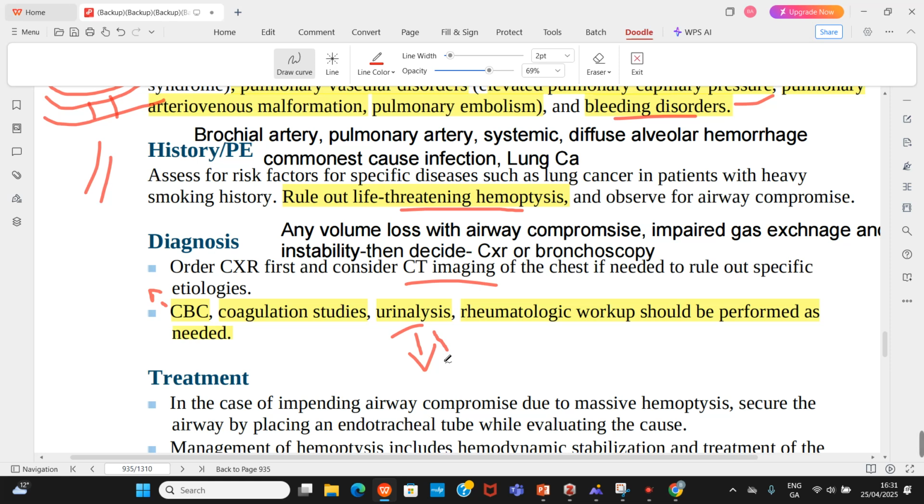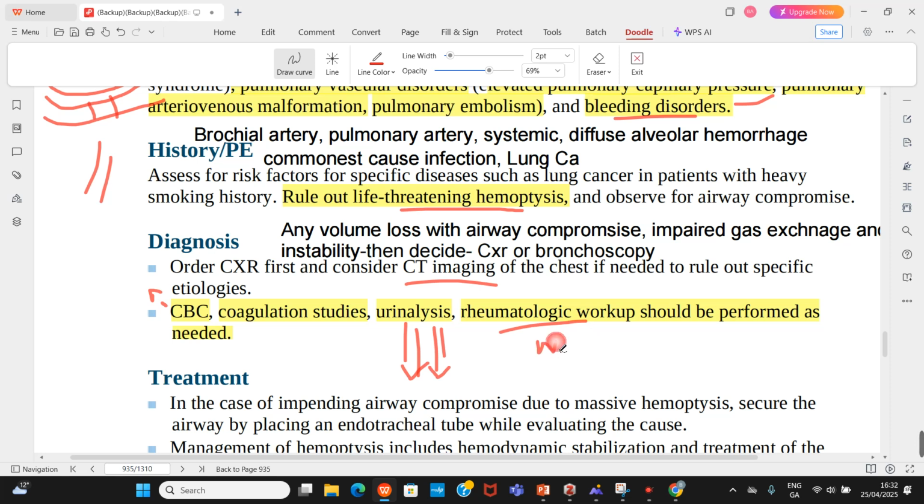What else? Is it Wegener's granulomatosis? Yes, Wegener's granulomatosis, exactly. What about Goodpasture's? Exactly. All those will be picked up, with the urinalysis, along with a similar rheumatologic workup.